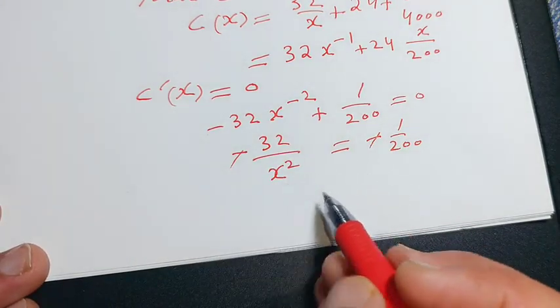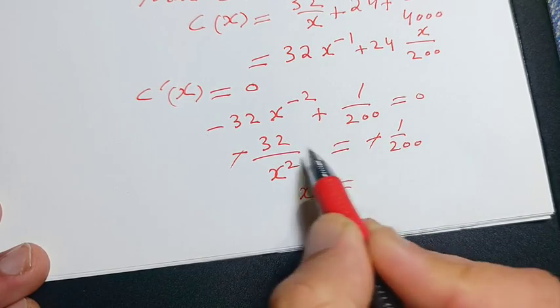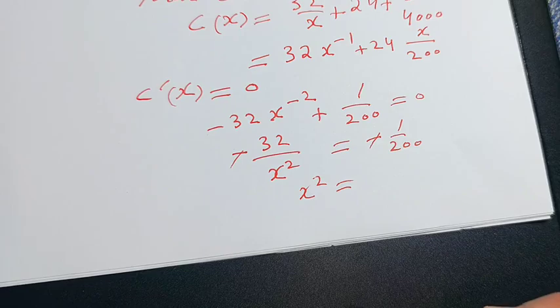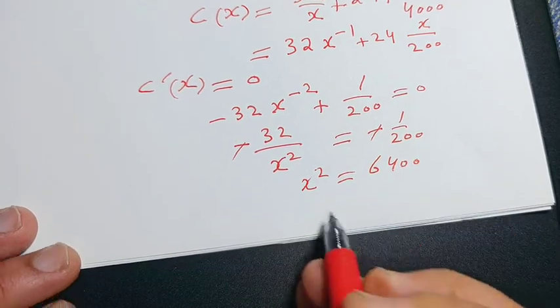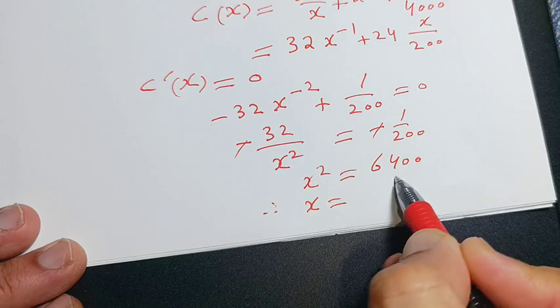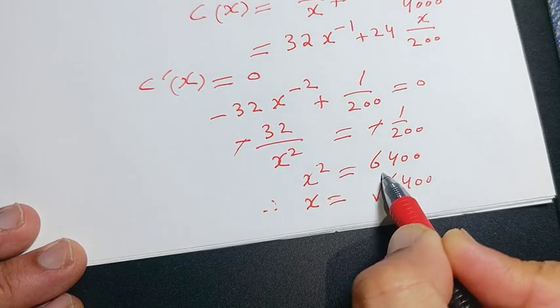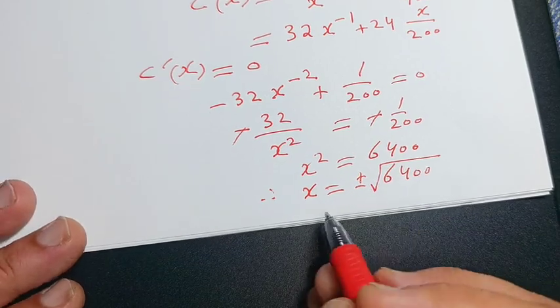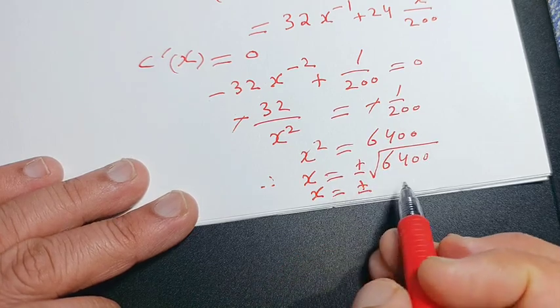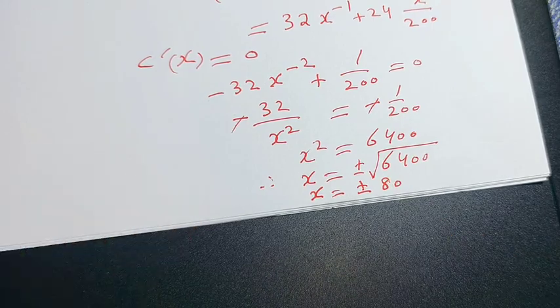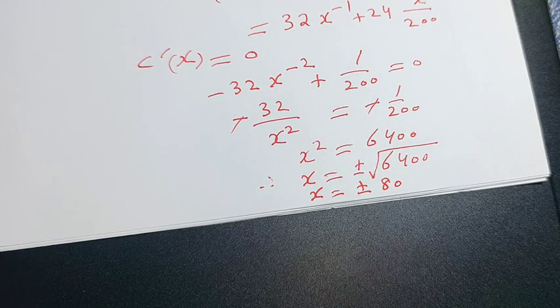Cross multiply: x squared is equal to 32 multiplied by 200, which is 6400. Therefore x is plus and minus the square root of 6400, so x is positive and negative 80. Must remember the speed cannot be negative, so we take positive 80. So my answer is x equals positive 80.